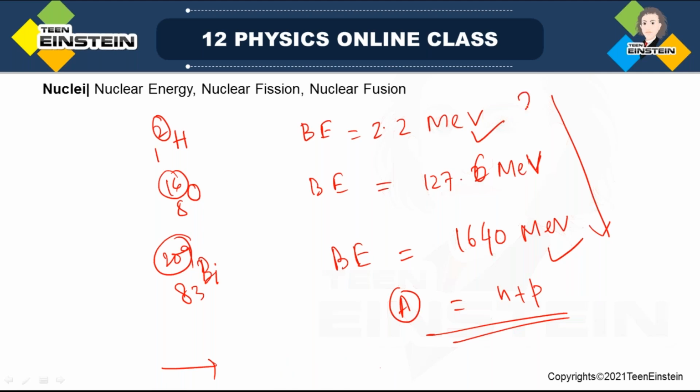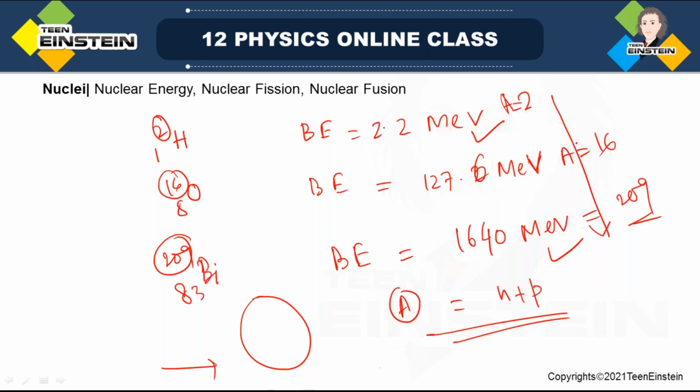A is 2 for this, here A is 16, and for this it is 209. So when the number of nucleons increases, then obviously binding energy increases. That means as you have a bigger nucleus, it has greater binding energy. When you have a bigger nucleus, then you have greater binding energy.